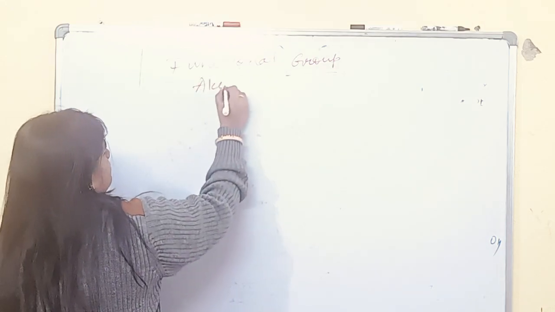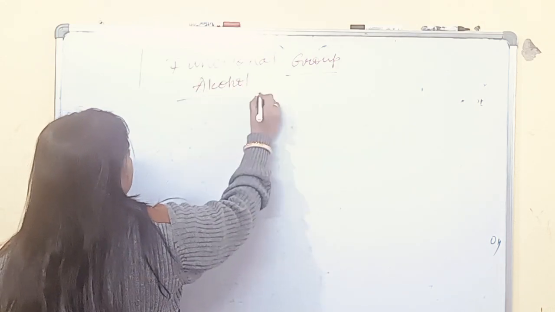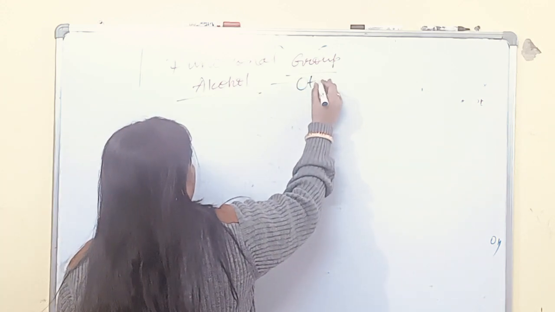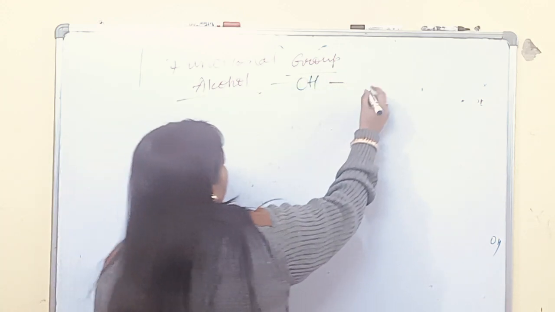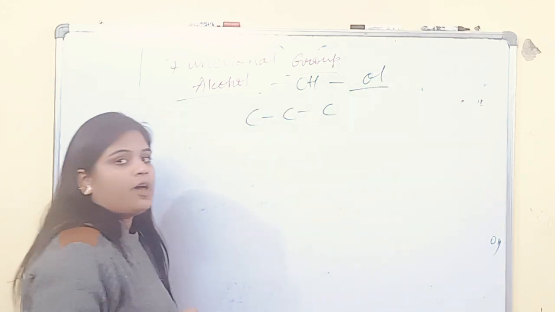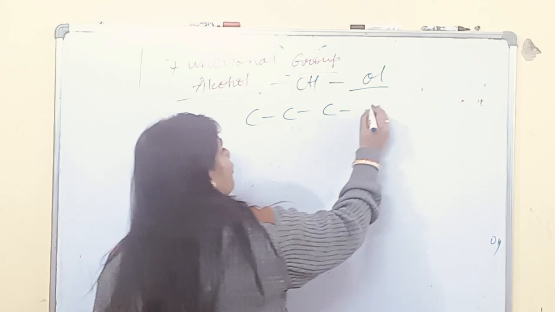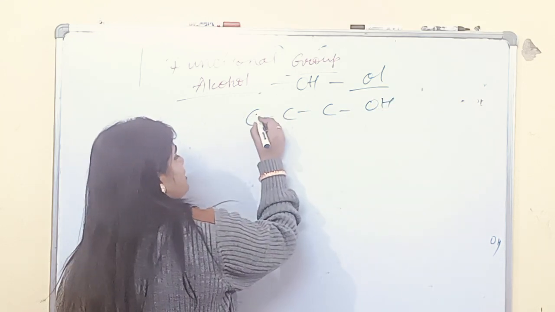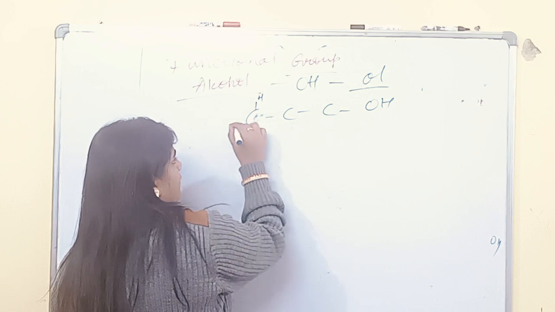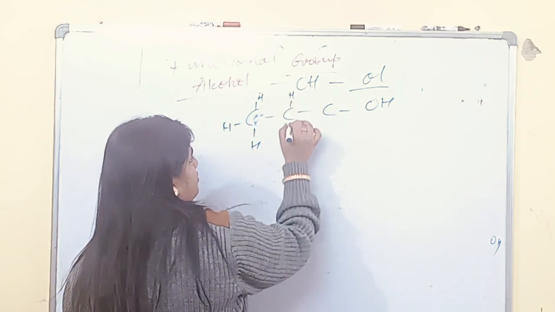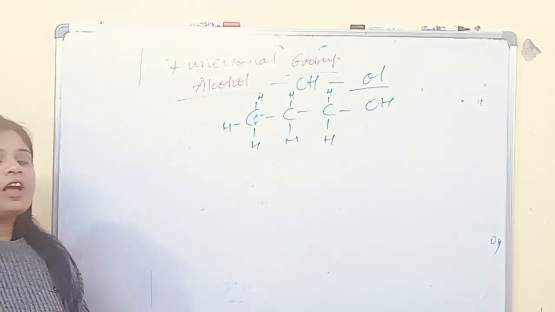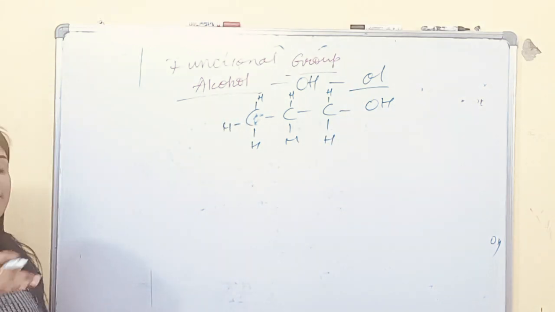Alcohol. Alcohol is the second functional group. Alcohol is OH. And what will we write? Ol. So if there are 3 carbons and an OH group is attached, every carbon is tetravalent.